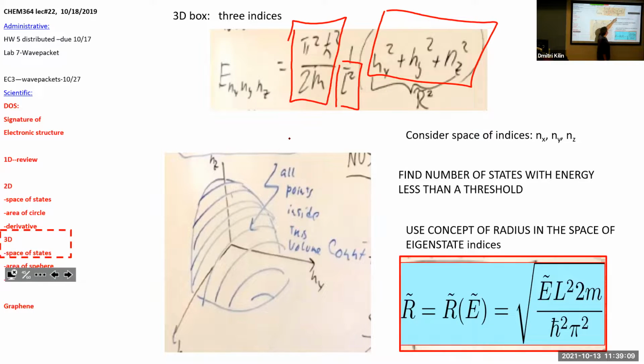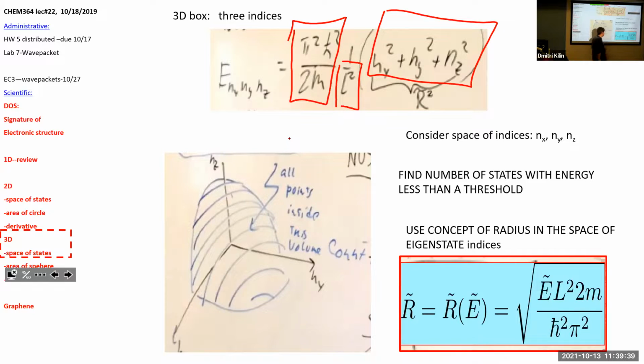And then we can invert: keep r squared here, multiply left and right by L squared, and divide by this constant, right? And then take the square root. Then we will have the energy multiplied by all the stuff, L squared and these constants here, and on the left, we will have the radius. Make sense?